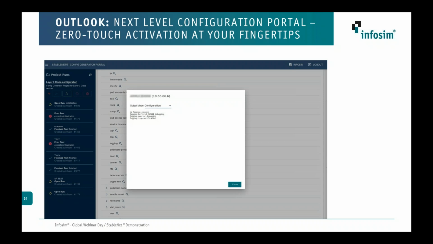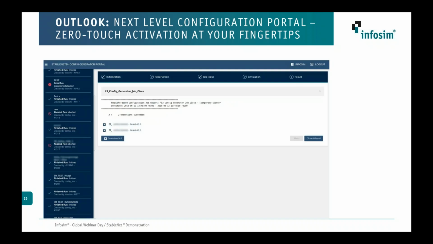When you have checked the configuration, you can deploy it in the next step, and you will get the result that the execution succeeded. When you have several devices, you can check or download the configuration of each device individually, or you can download all devices summarized in one zip file very easily.